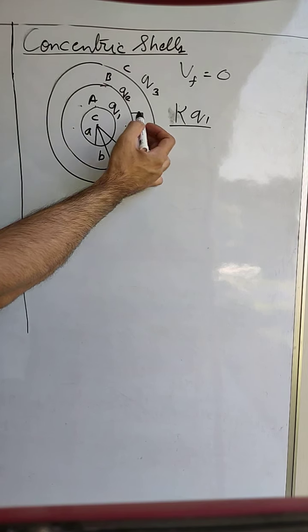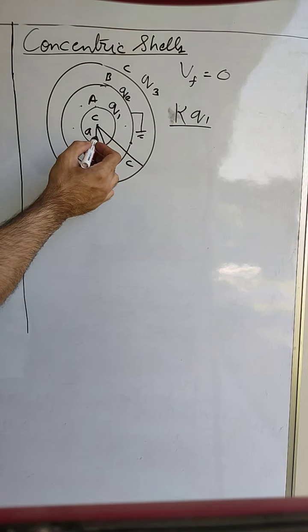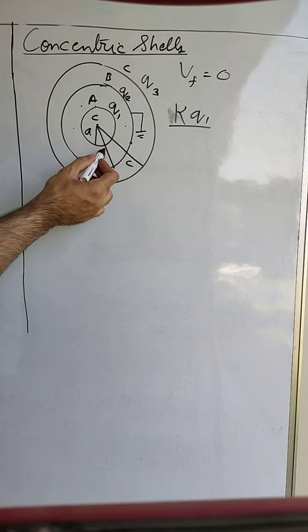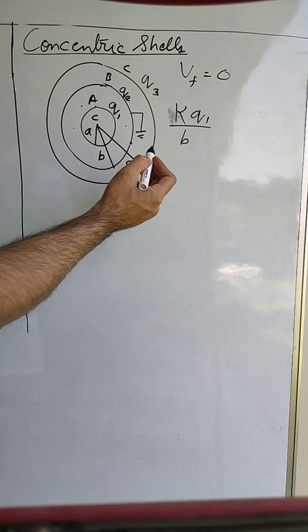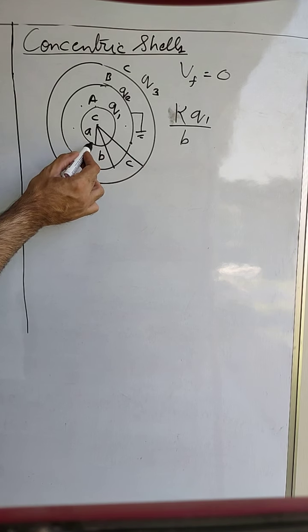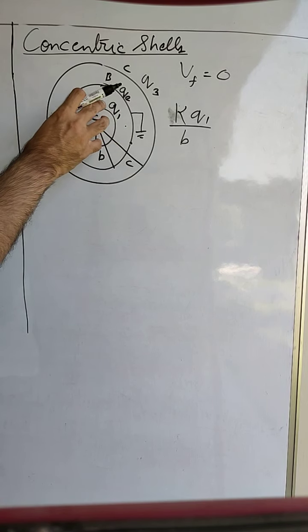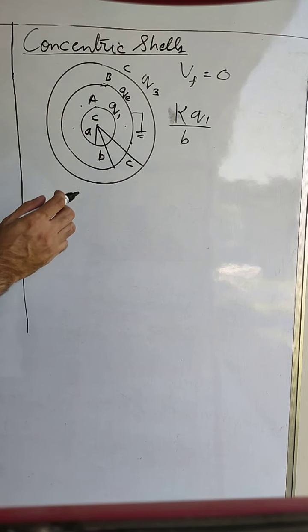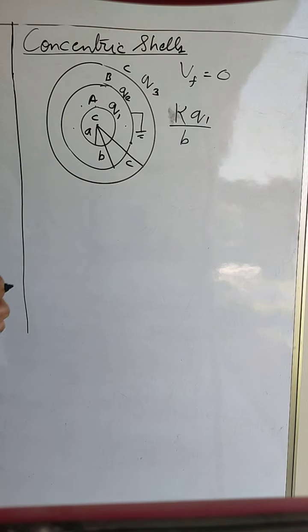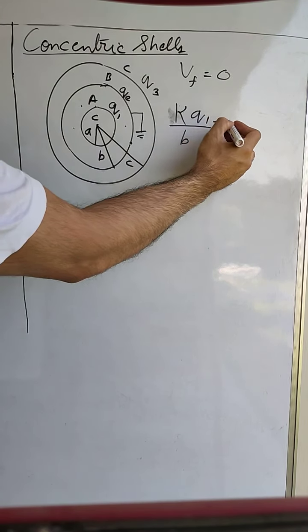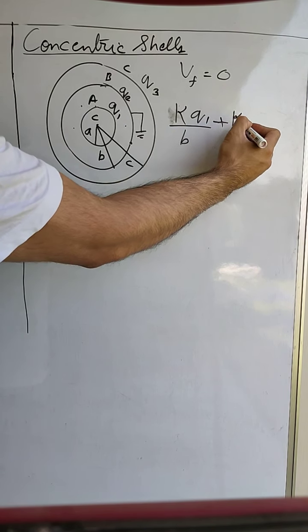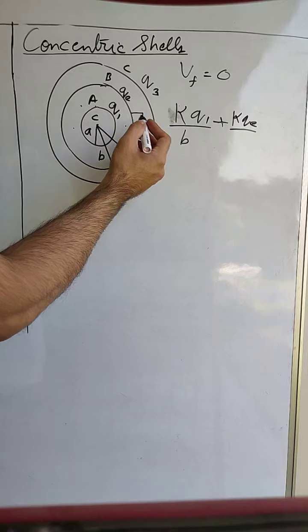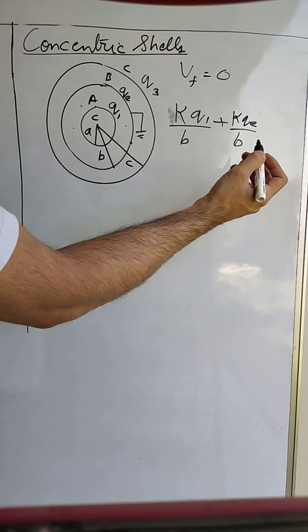Because of Q1 of A, it is K Q1 divided by the radius of shell B, so it will be B. Make no mistake here: the radius will not be taken as A, it will be taken as B, because the shell A is inside shell B and it comes in the equipotential surface of shell B. So this will be due to charge Q1, plus due to its own charge QE, it will have a potential KQE divided by its own radius, which is B.